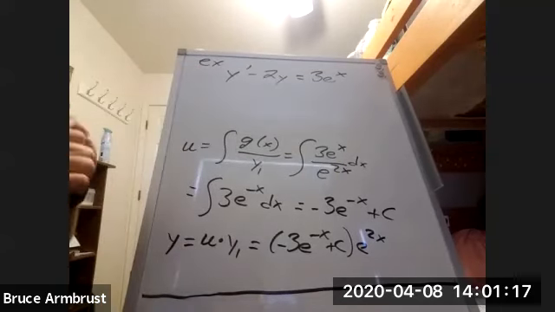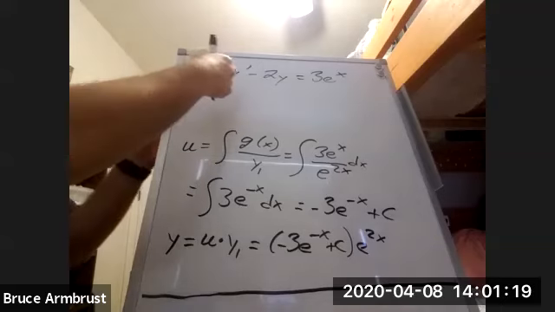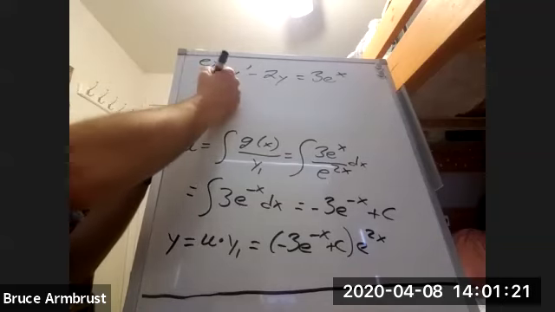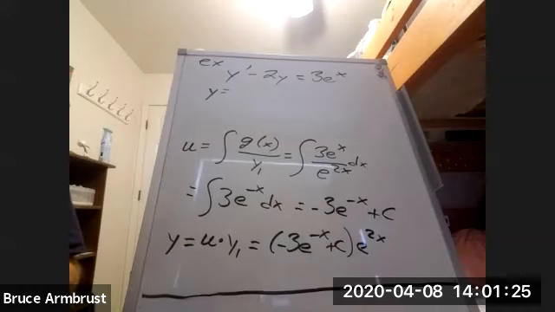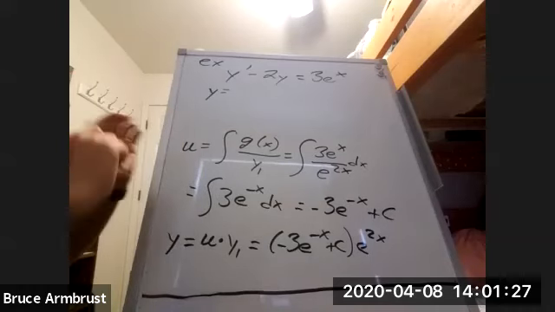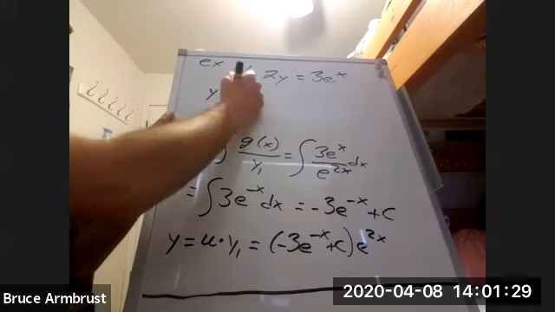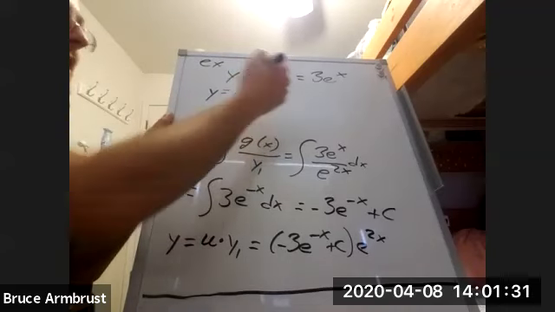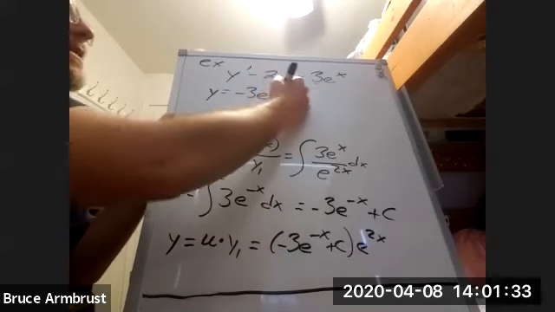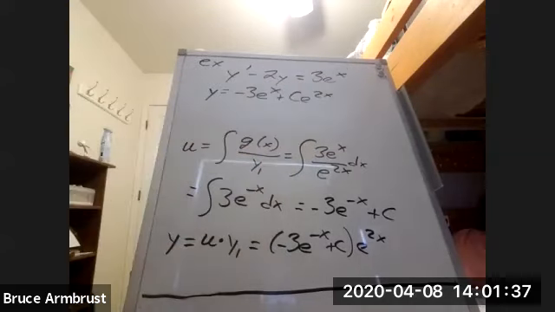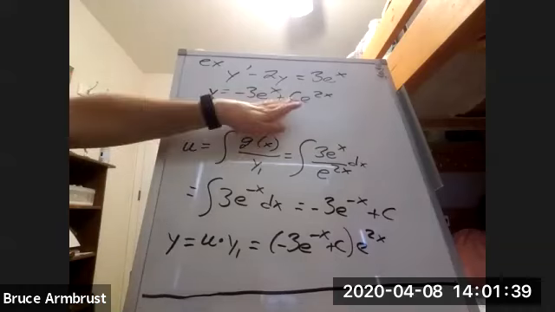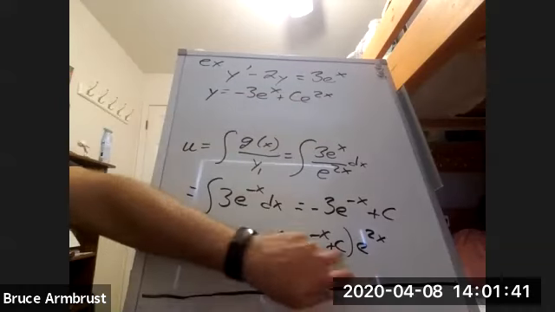And so what we find is that the solution to this differential equation, and this is a list of all the solutions, it's minus 3e to the x plus c e to the 2x. And I just found this by distributing the e to the 2x through.